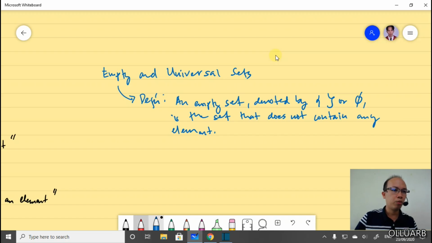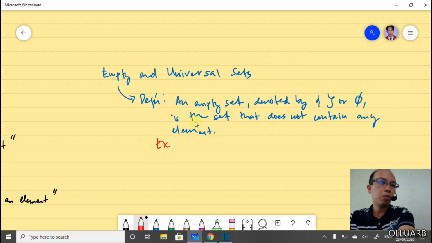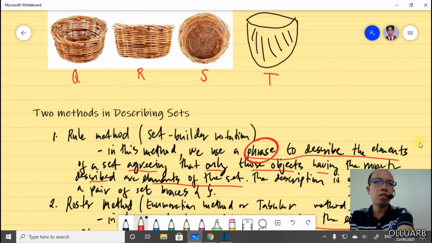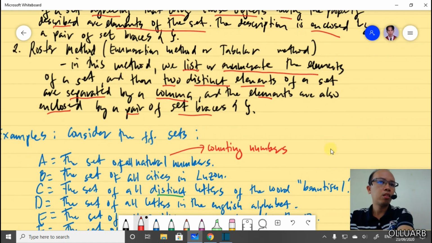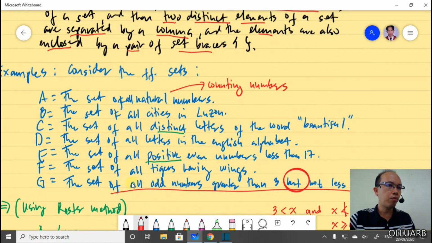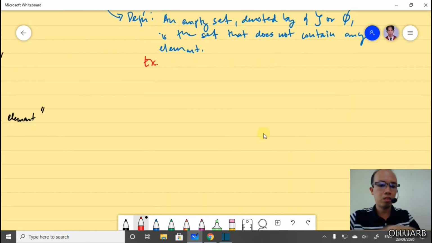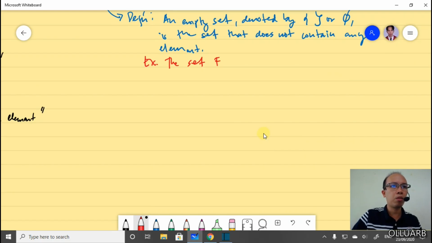So for example, if you recall what we have discussed before, the set F, which is the set of all tigers having wings, is an example of an empty set.